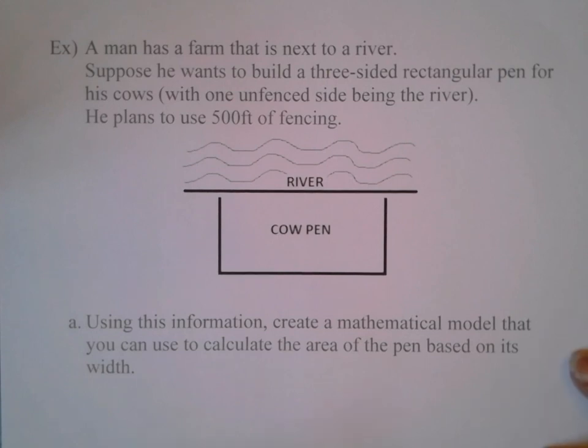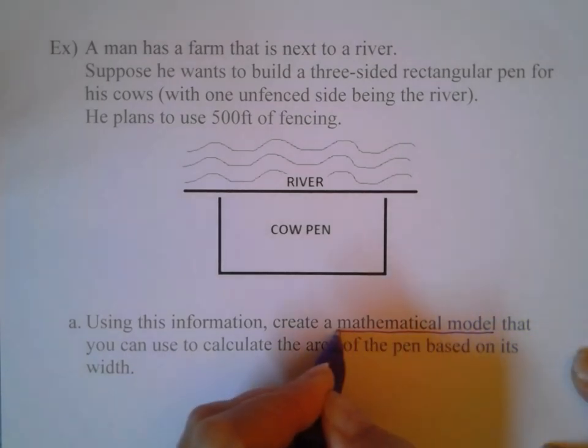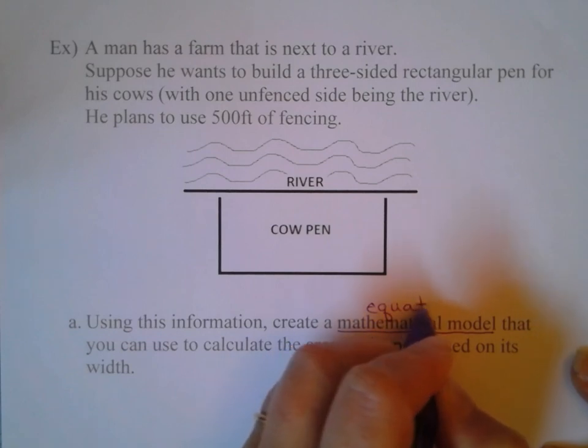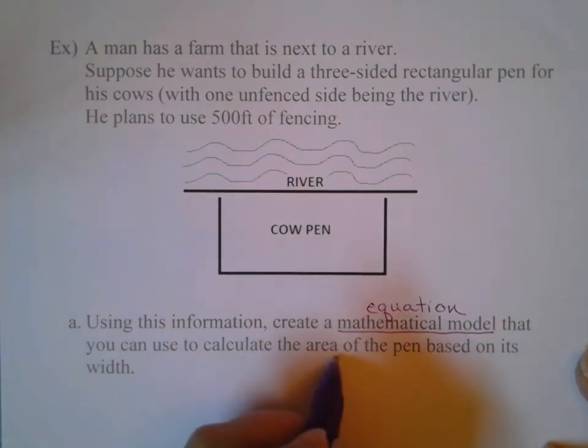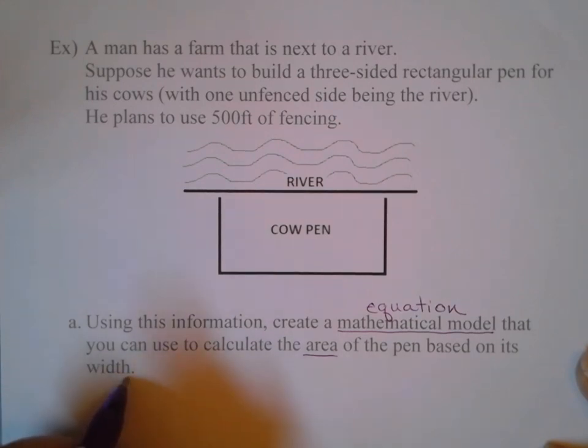Okay, so basically a mathematical model. We want to create an equation. Okay, and I want to be able to calculate the area of the pen based on its width.